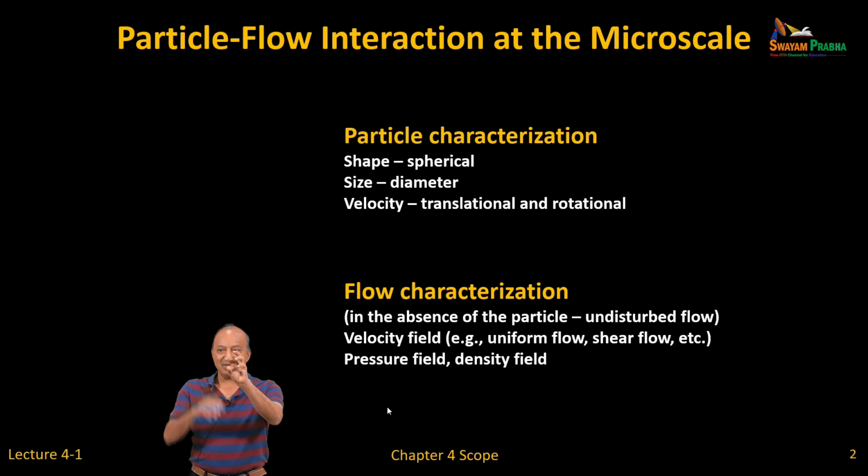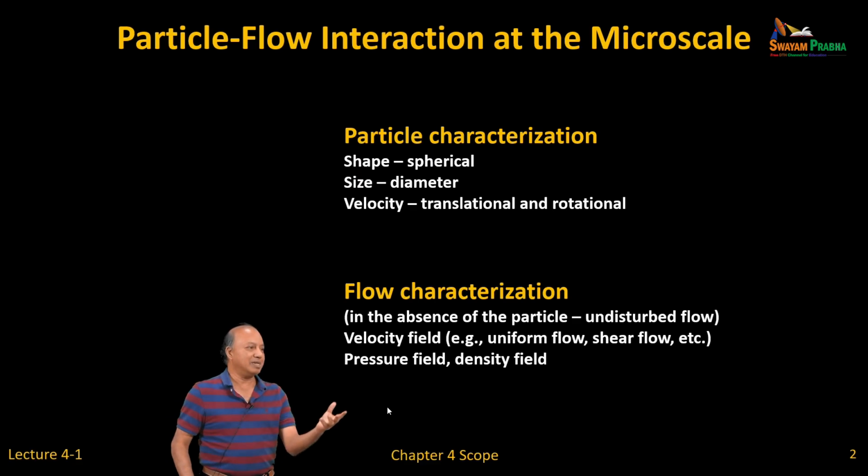Now you have a particle, there are many particles around it. Now the definition of far field or oncoming flow, etc., are not very clear. Therefore, one way to precisely define what should be the flow characterization is, it's hard to do it, but you might want to think in terms of, had the particle not been there, what would have been the flow there.